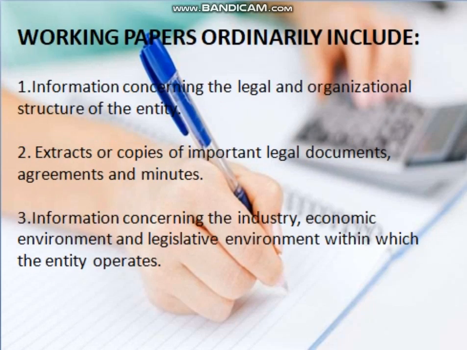Let us see what are the different things included in auditing working papers. It includes information concerning the legal and organizational structure of the entity, extracts or copies of important legal documents, agreements, and minutes, information concerning the industry, economic environment, and legislative environment in which the entity operates.